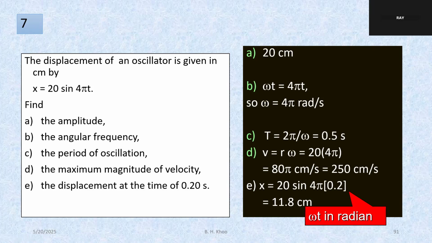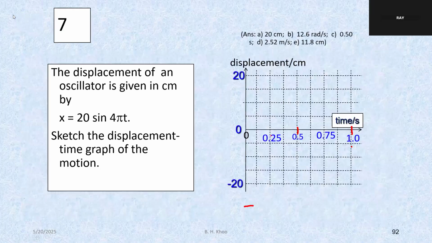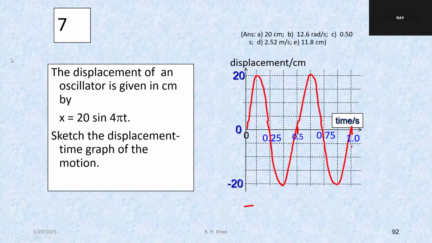In radian, make sure you convert it to radian. Oh yeah, I got it. Okay, sketch a graph. You calculated already, so you should be able to sketch a graph.